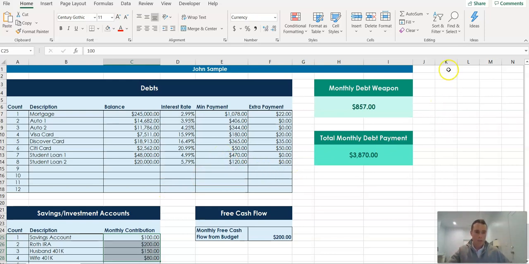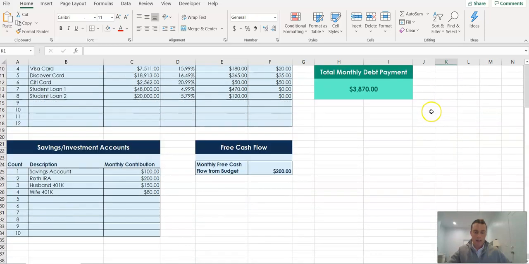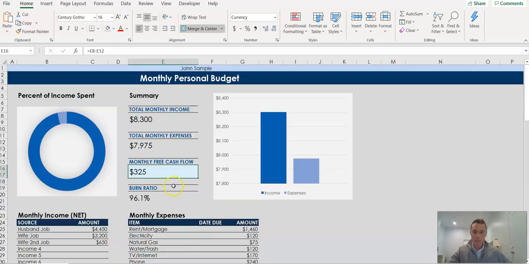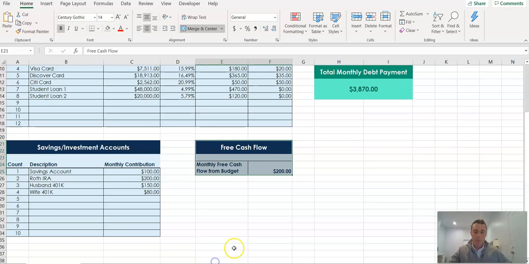But I want to make clear that first and foremost, we're pulling a value from our budget, which could be all of the monthly free cash flow amount, or a portion that you're comfortable allocating towards the debt paydown. We plug that into the bottom right, where we've entered $200.